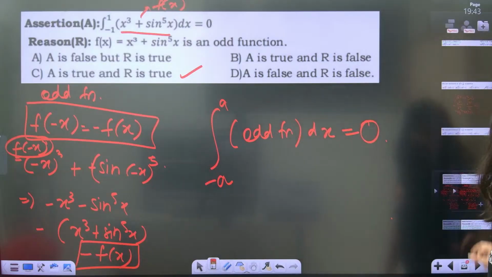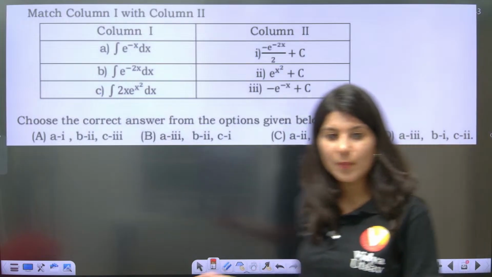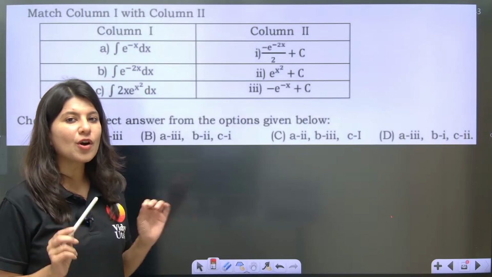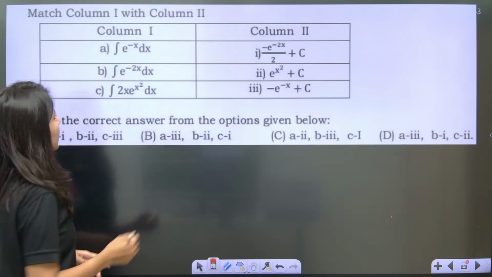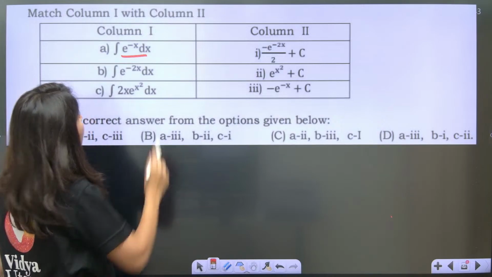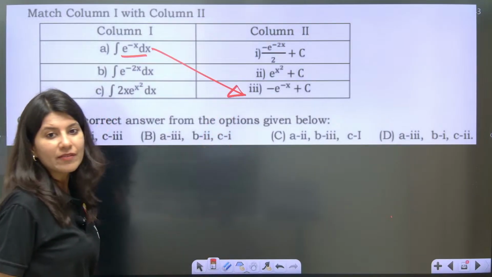Then we have the next question, which has a proper table. Again an easy question if you know the basic integration formulas. E power minus x integration will be minus e power minus x.